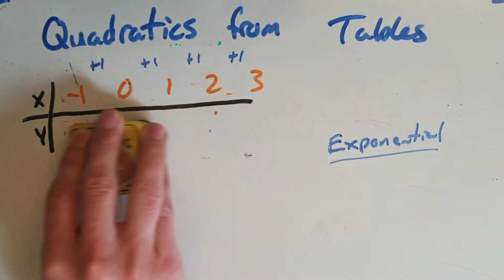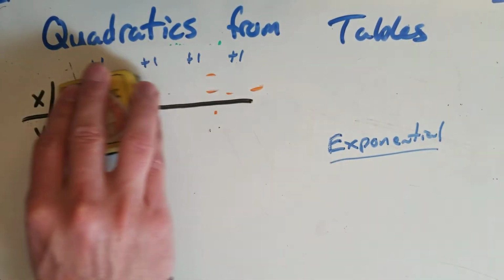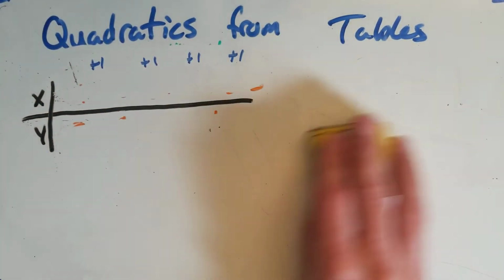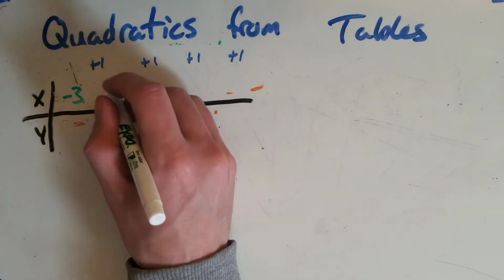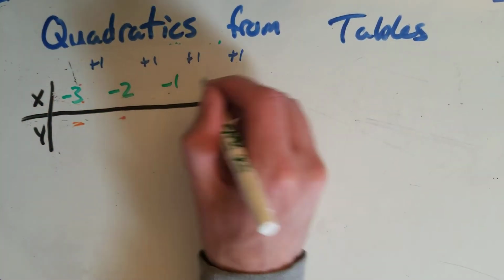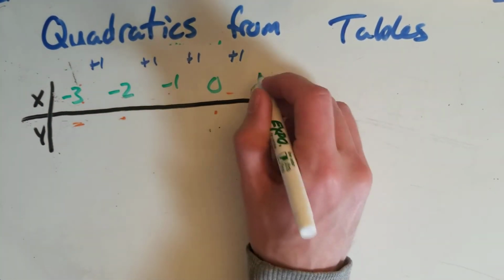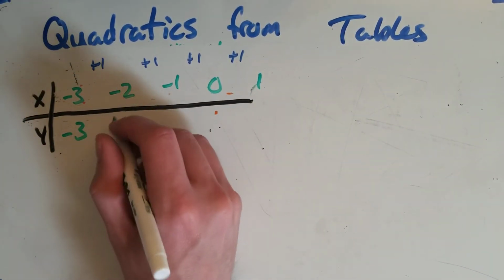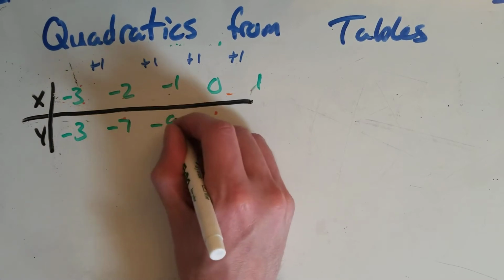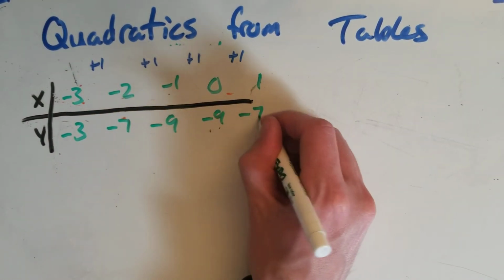Now let's look at our third example and see how things change for this one. In our third example, we have -3, -2, -1, 0, and 1. And on the bottom, we have -3, -7, -9, -9, -7.